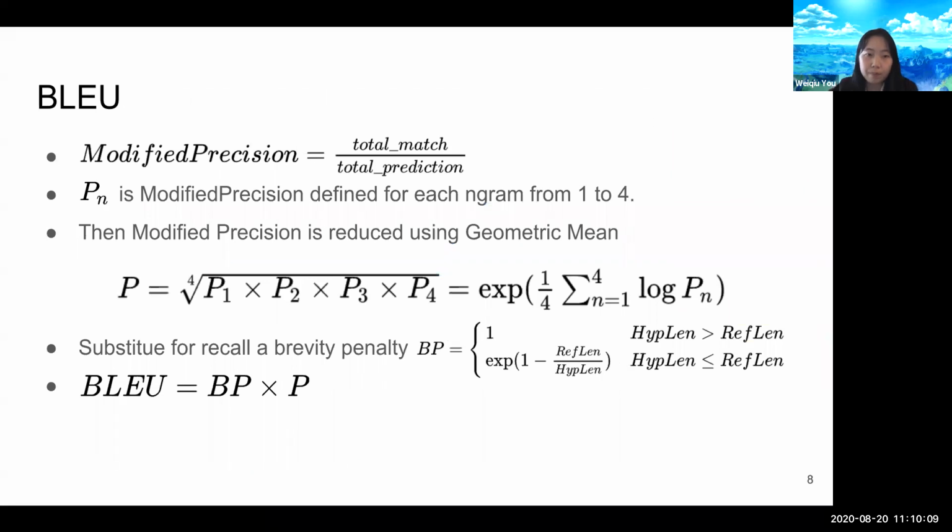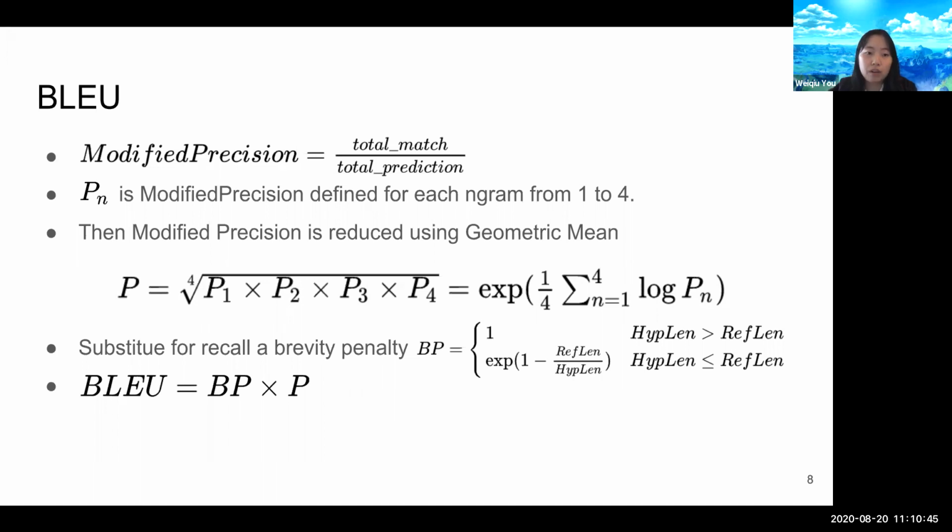So BLEU is a common metric that is used in evaluating neural machine translation. We first calculate a modified precision, which is total matches of a class, divided by the total predictions. And we have these modified precisions for each n-gram from 1 to 4. And then we take a geometric mean of all these modified precisions.